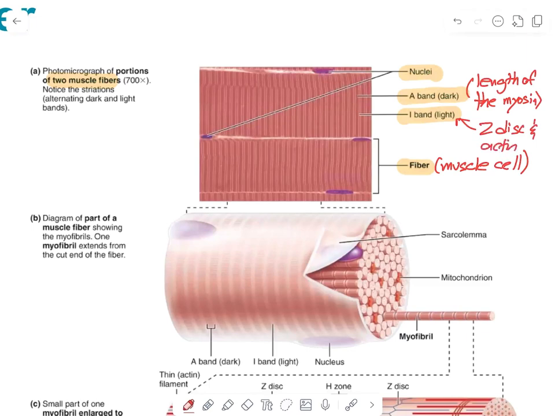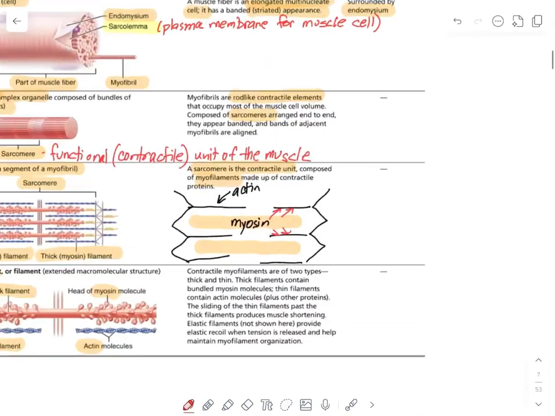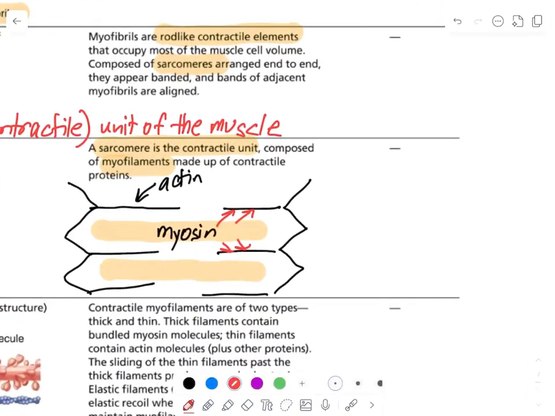So there's a way to remember the organization of the sarcomere. I'm going to go back to the previous slide for that example. A way to remember that is the mnemonic HAZY. HAZY will help you remember that the H zone is in the A band and the Z disc is in the I band.